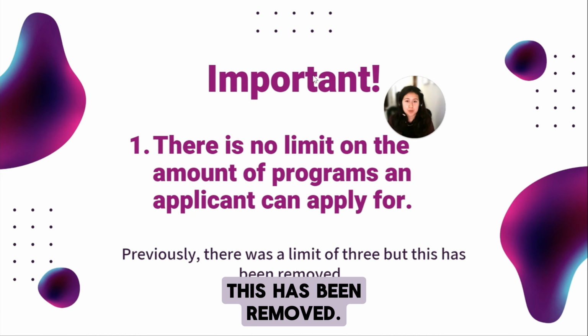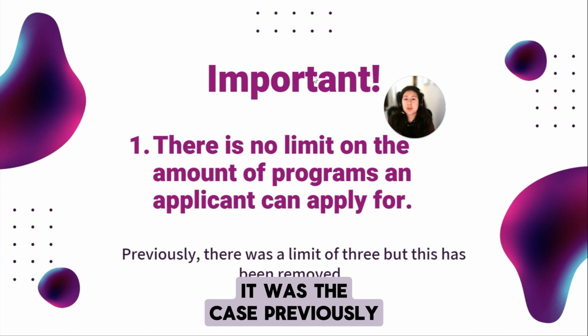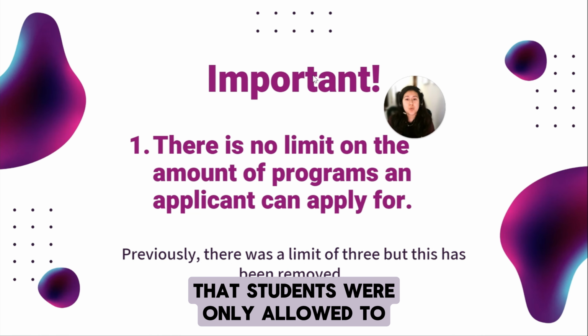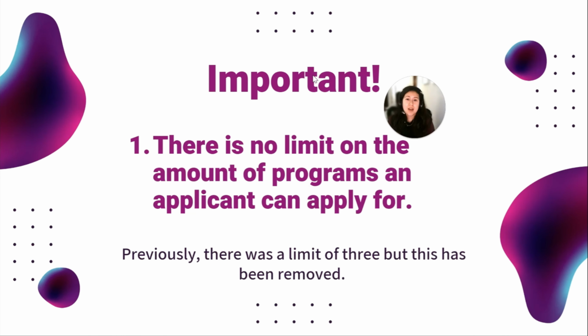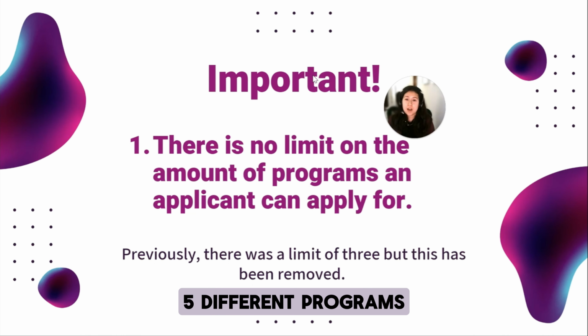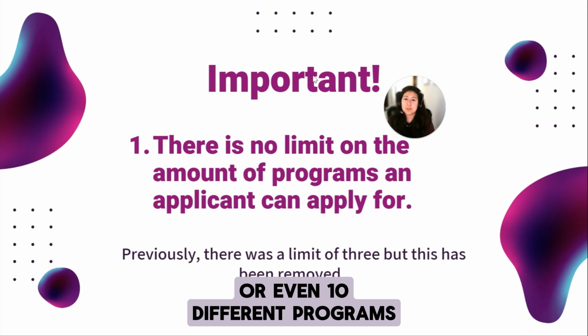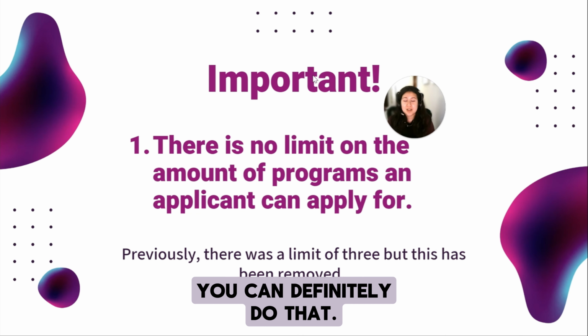This has been removed. It was the case previously that students were only allowed to apply to 3 programs, but now there is no limit. If you want to apply to 5 different programs or even 10 different programs, you can definitely do that.